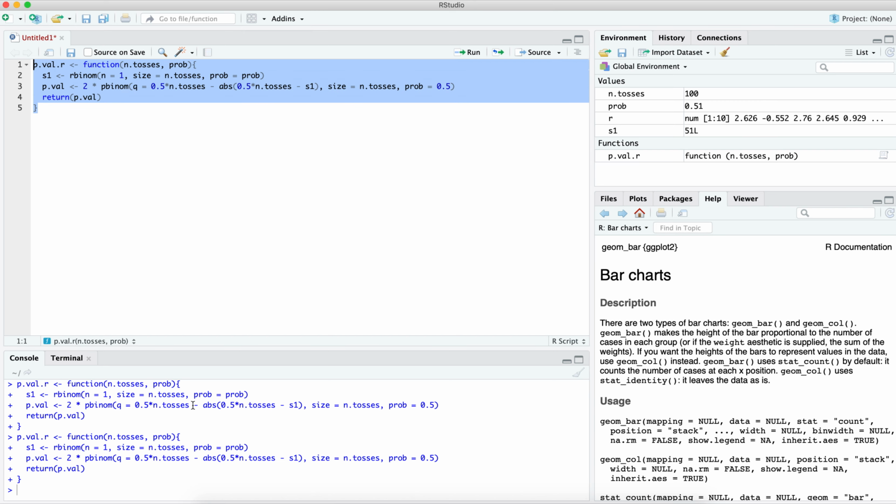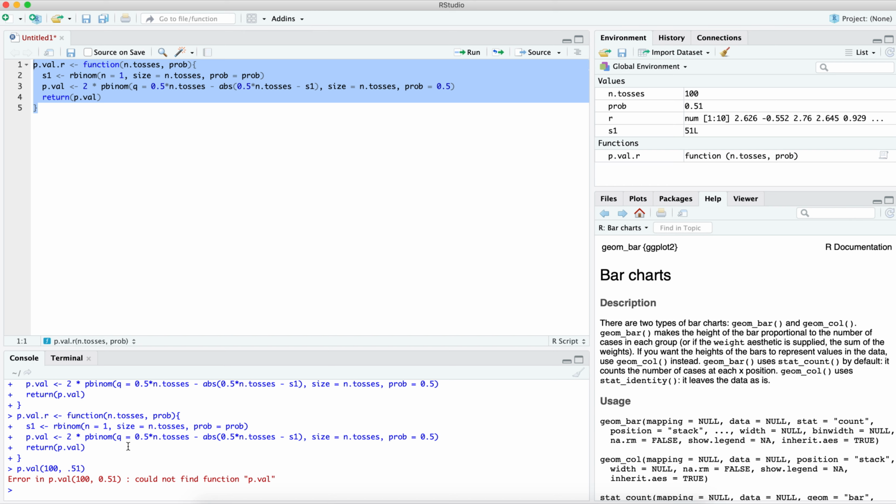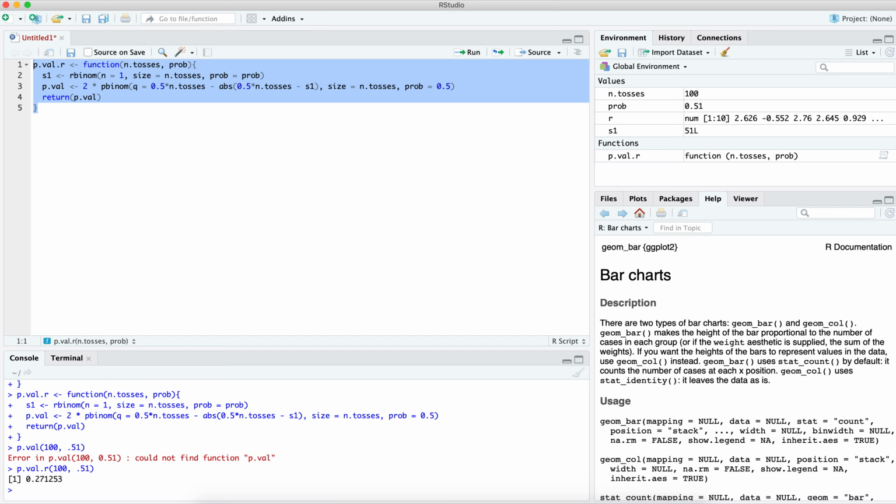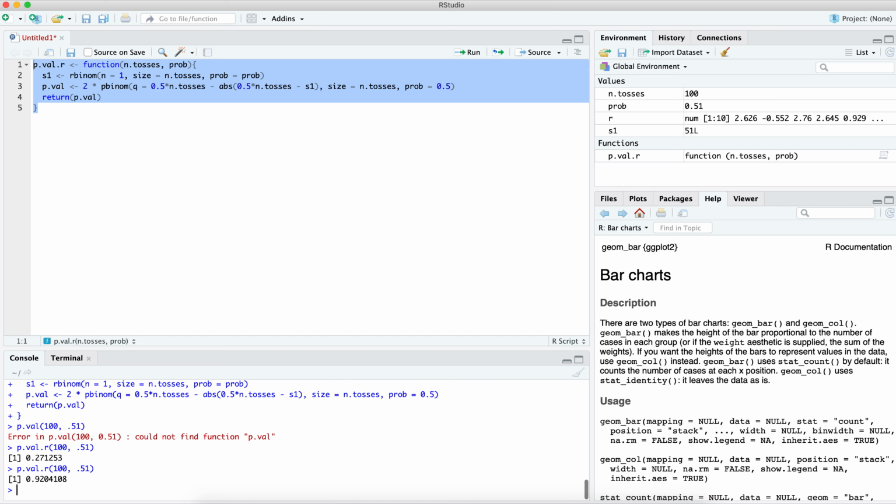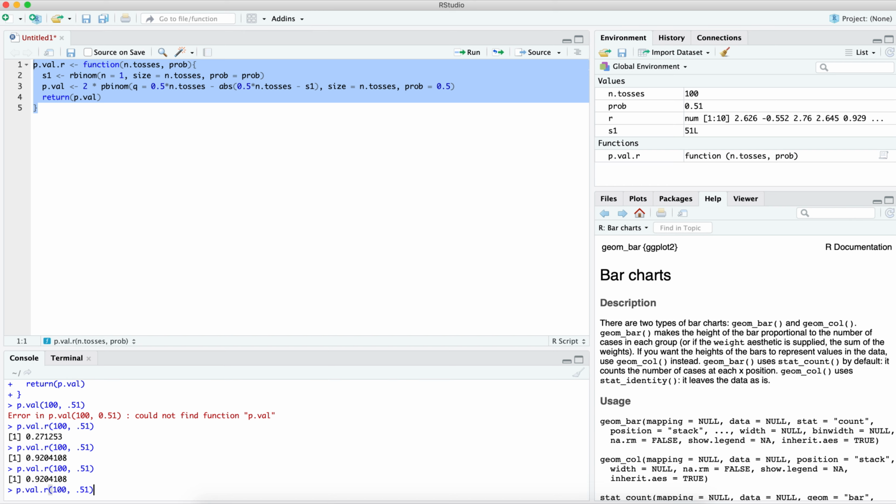So what the function does is it runs an experiment and computes a different p-value every time, right? So I'll give it 0.51, and here, p-val.r. So here I get a p-value of 0.27, and then a p-value of 0.92, a p-value of 0.36, and so on, right?